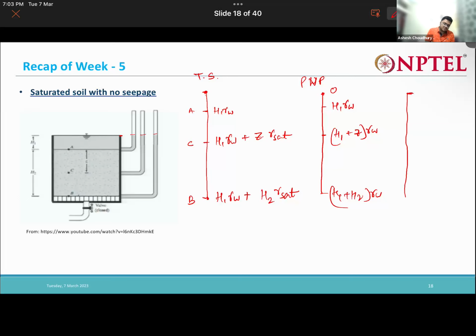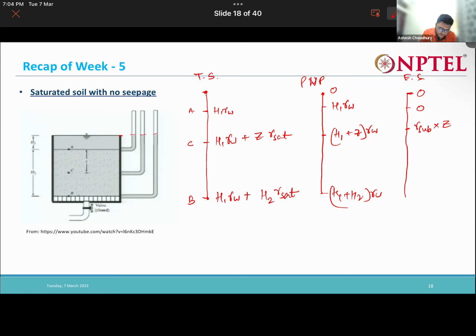Next, we come to the effective stress. So effective stress here will be zero. Again at point A also it will be zero. Now let us come to point C. What will be the effective stress here? Gamma sub into Z, right?